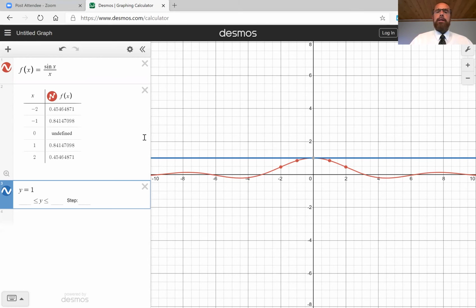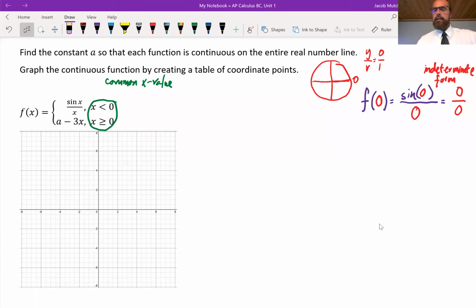So I'm going to head back to the note screen with that in mind. Even though I algebraically can't calculate sine of x over x at the x value of 0, from the graph I can see that it has the value of 1. So right under here, it's kind of a tack-on note, but it's really equal to 1.